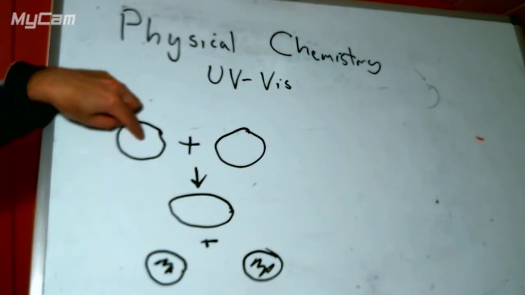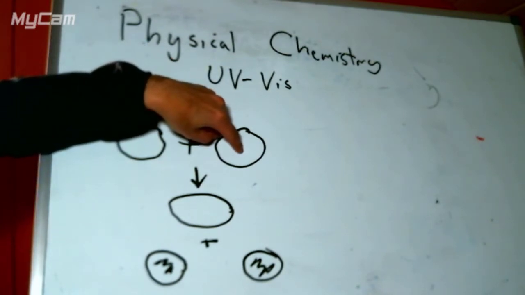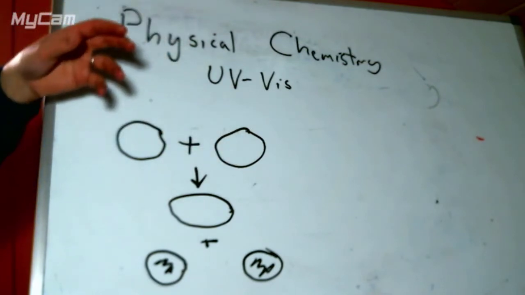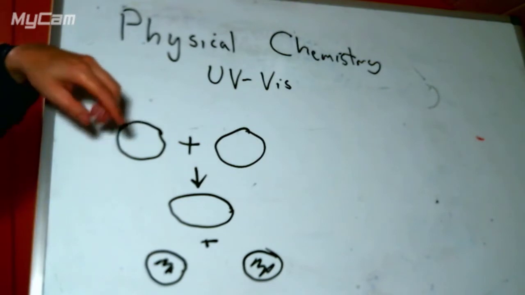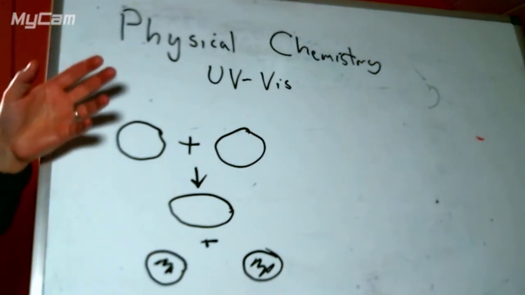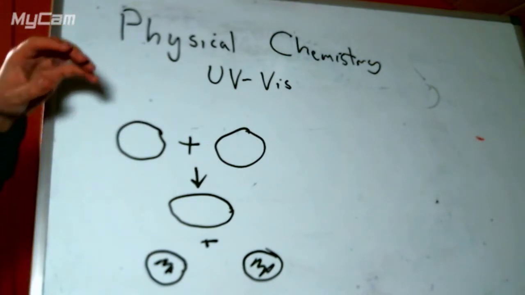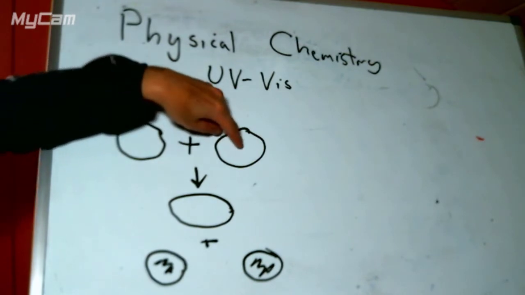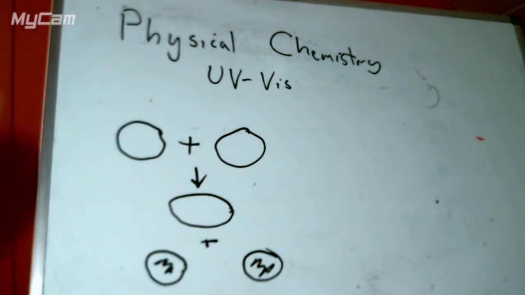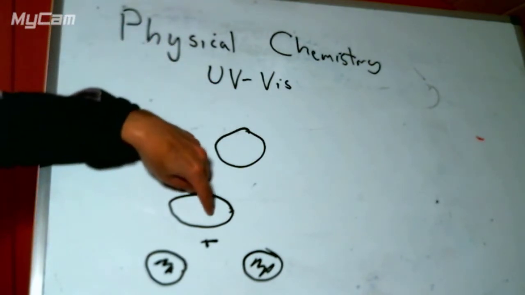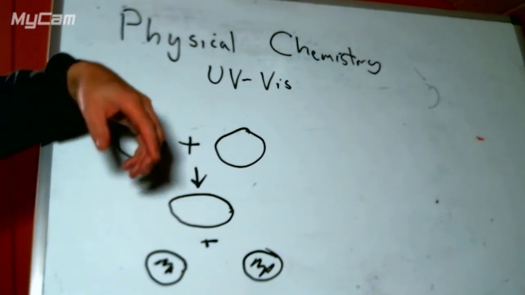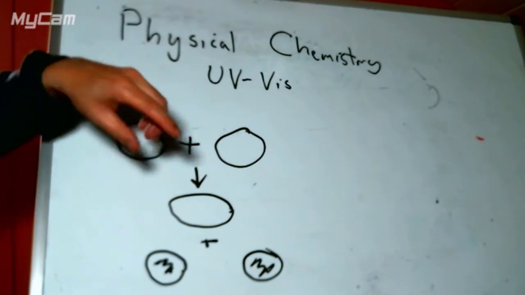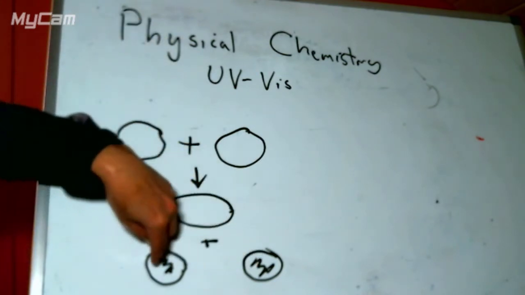This would be a hydrogen 1s orbital, and this would be a hydrogen 1s orbital. We add them together mathematically, and we end up with the same number of orbitals, but not necessarily the same shape. So if we take 2 1s orbitals and we add them together, we end up with a bonding s orbital in the middle, and we end up with an anti-bonding s orbital, which is on the outside.